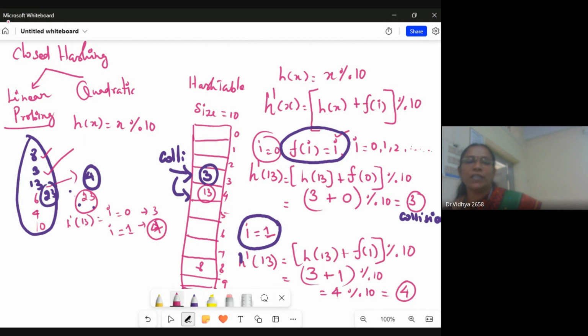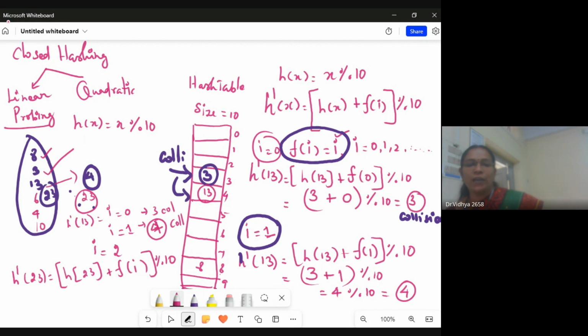Since at position 4 we already have an element, this is also a collision. So again we increment I to 2. Now we apply h dash of 23 is equal to h of 23 plus f of I, then modulo division 10.